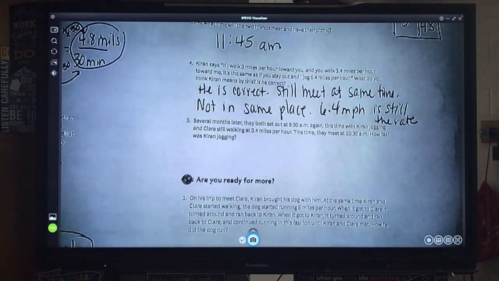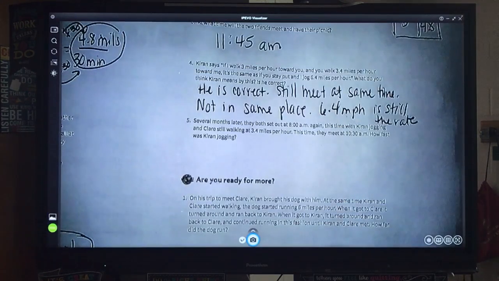When it was 2.5 hours, we multiply 3.4 times 2.5, and we subtract that from the total distance, which will equal 15.5 miles. Then we divide that by 2.5.